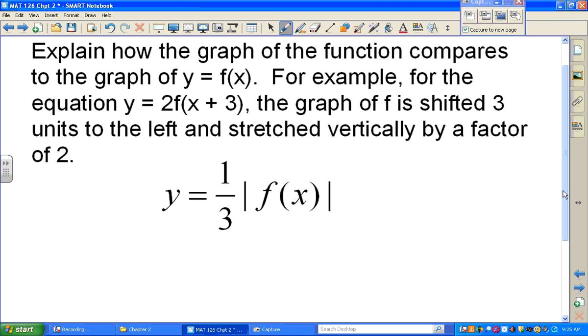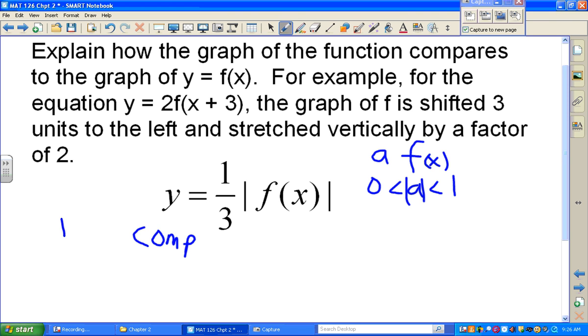And remember, we said when A was, and we had A in front of the f of x, when A was between 1 and 0, we didn't really call it a stretch, we called it what? Started with a C, ended with an ESS? Compress. So you can say vertically compressed by a factor of 3.